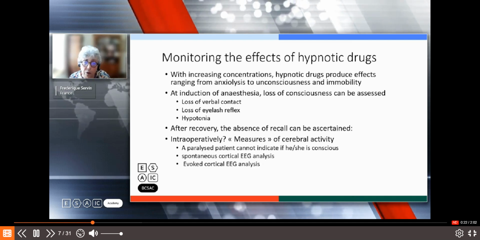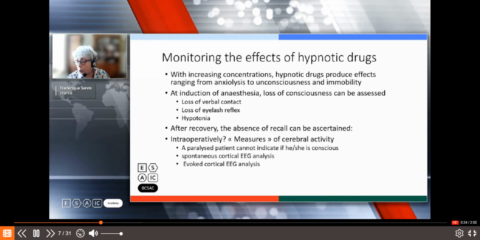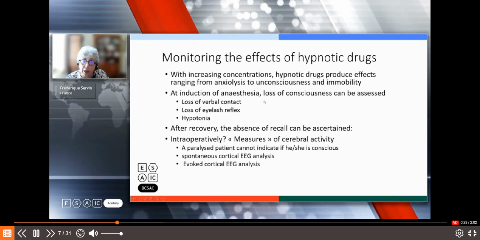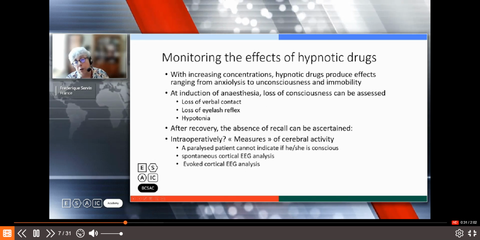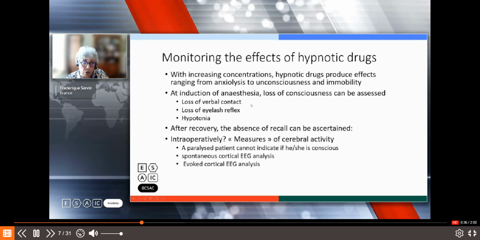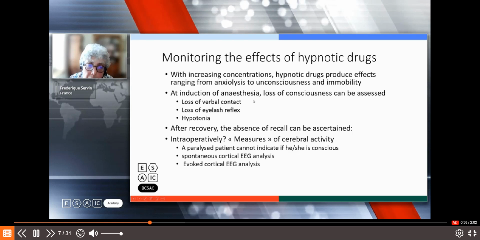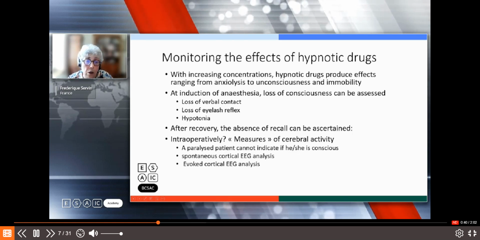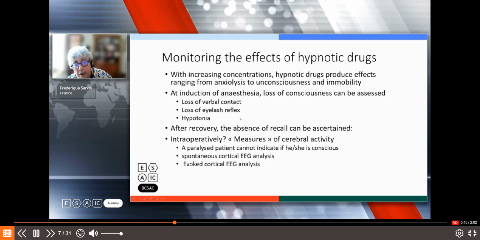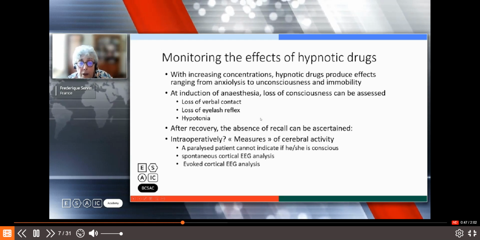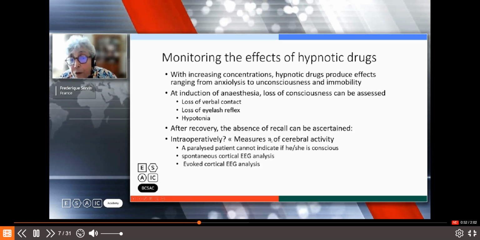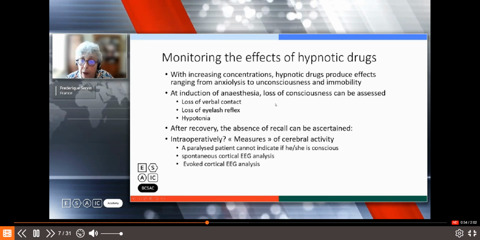Of course, it is fairly easy to measure at induction of anesthesia the step between anxiolysis and unconsciousness because there are several parameters that can be monitored: loss of verbal contact, loss of eyelash reflex, and hypotonia, that's to say the dropping of the syringe held in the hand of the patient.